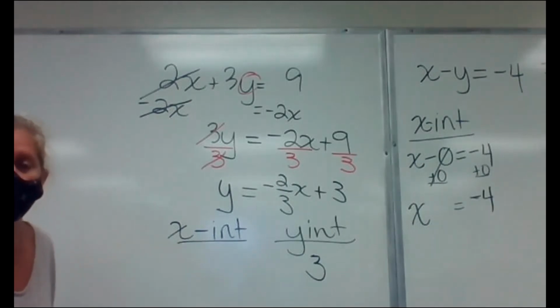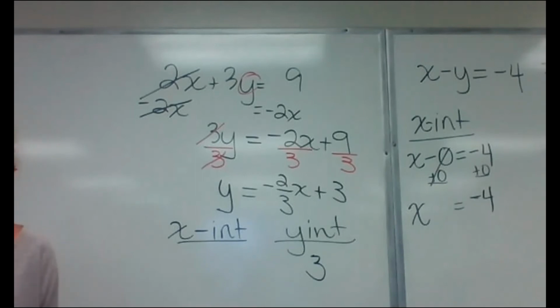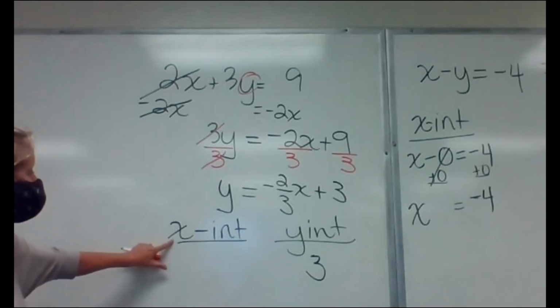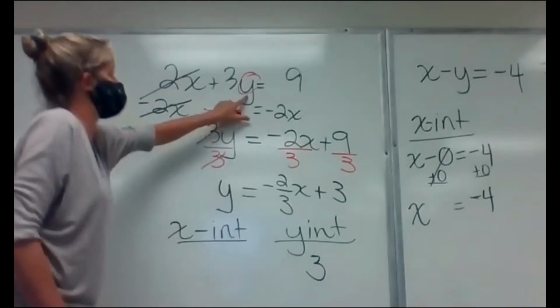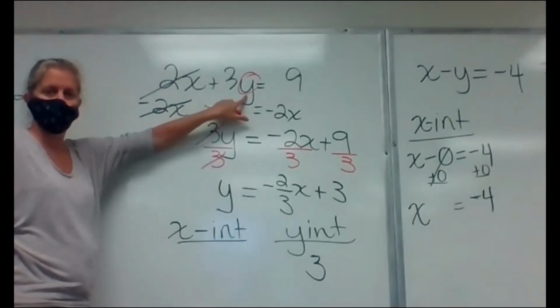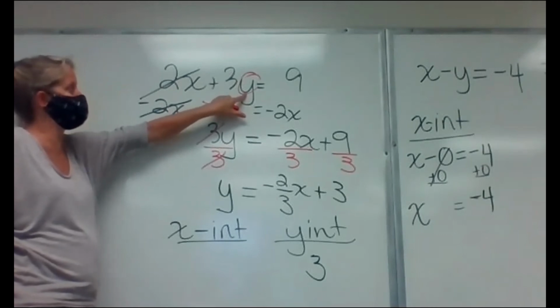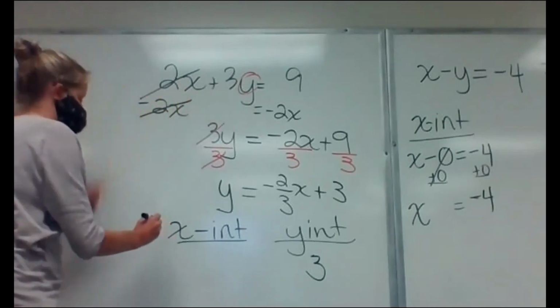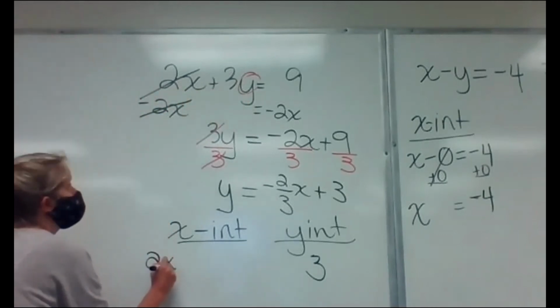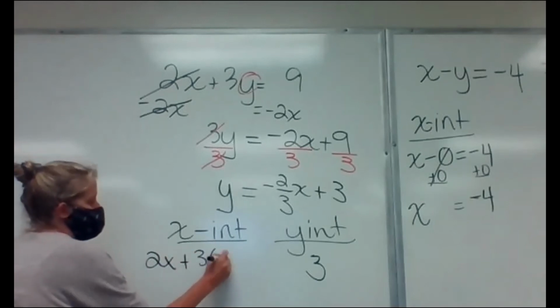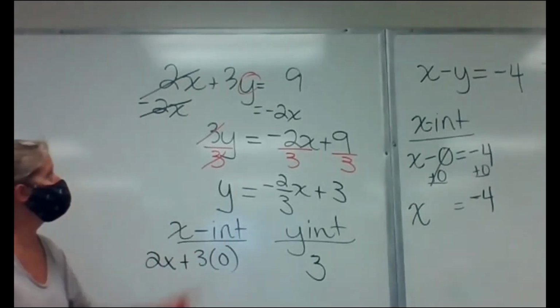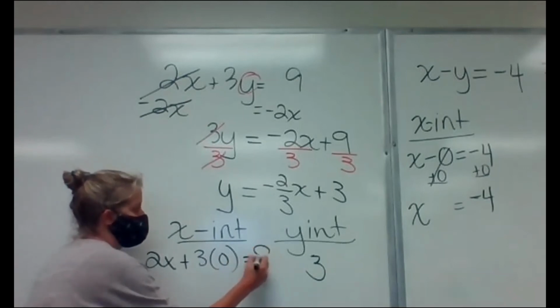What does that mean? When we did the first one by doing it out mathematically, this means where the y is 0. So that's what you're going to put in. You're going to put the 0 in place of the y. So if I do that, I'll have 2x plus 3 times 0 equals 9.